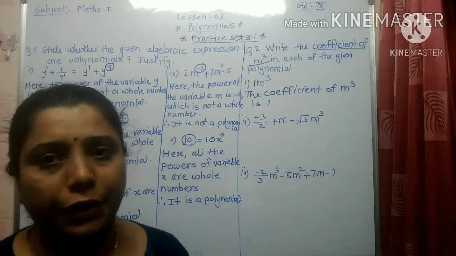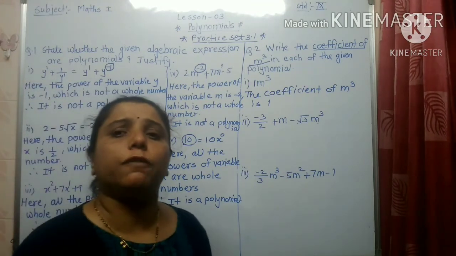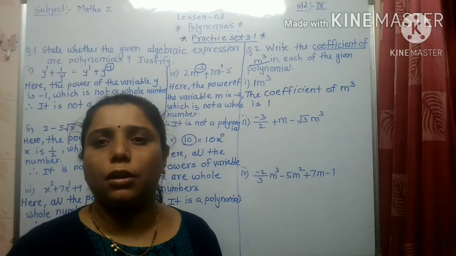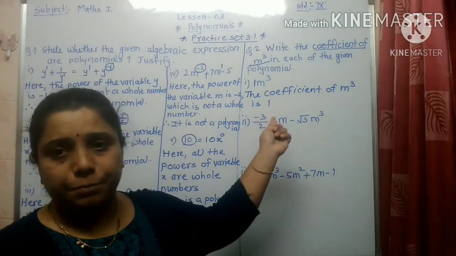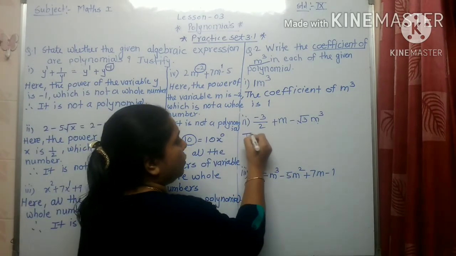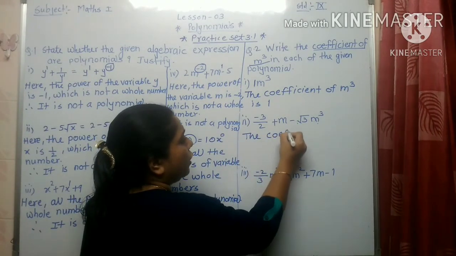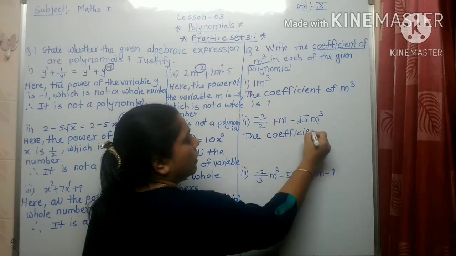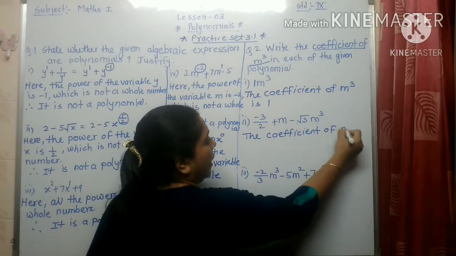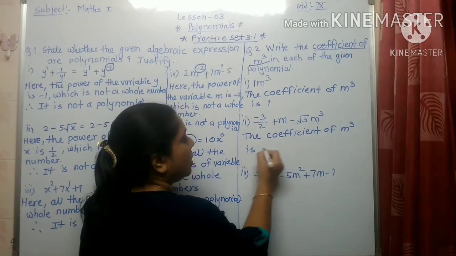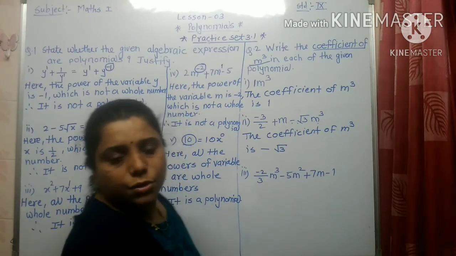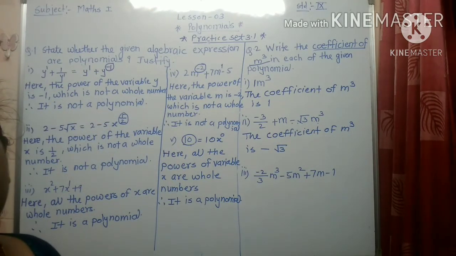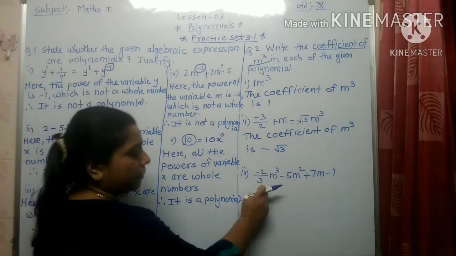This is very, very important. Okay, when you are writing the coefficient of any term, write down that particular coefficient with the sign, without fail. Okay, so here I will write the coefficient of m cube is -√3, because in √3 the negative sign is there. So what is the coefficient of this m cube term? -√3.